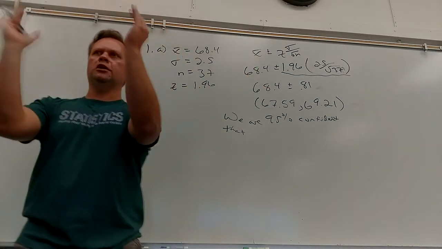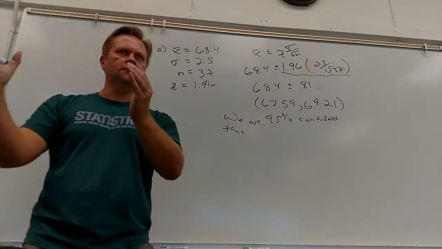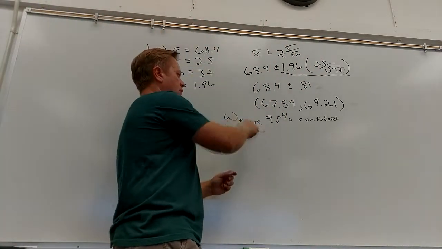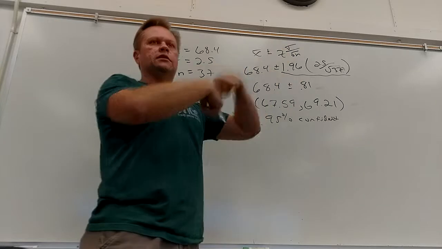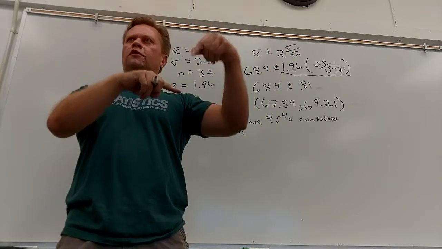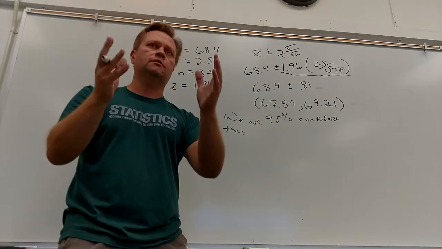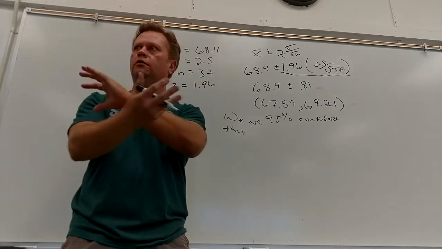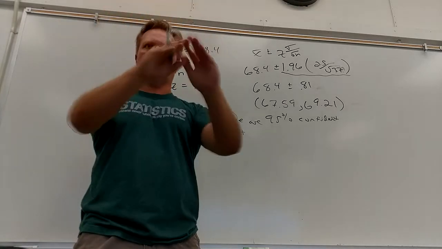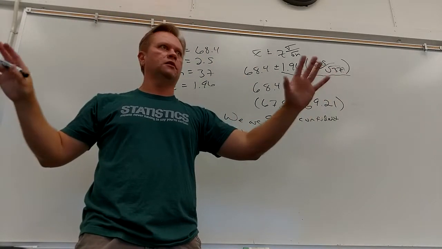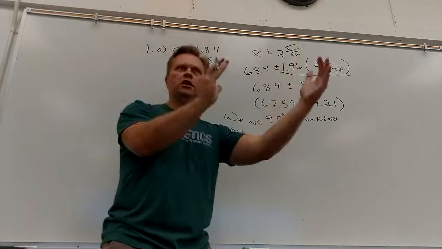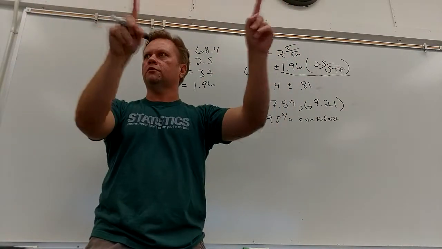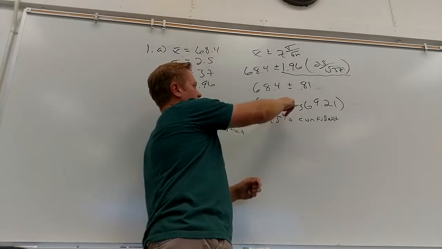It's our interval that could be in different places. So we are 95% confident that this interval contains the true mean, not that the true mean falls in this interval. Believe it or not, it's semantics, I know, but it's totally wrong the other way. The mean doesn't fall somewhere. The mean is just sitting there waiting to be discovered. Our interval is the one that could change depending on who we picked for our sample.